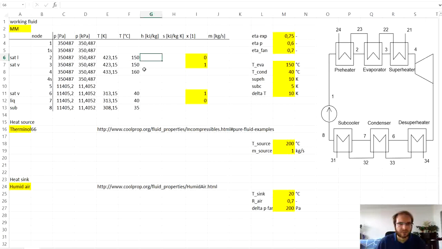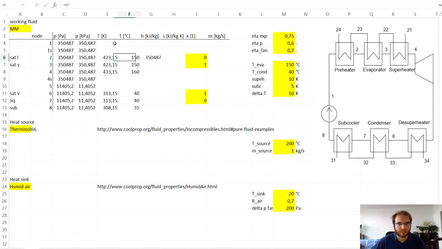Now at the points 2, 3, 6 and 7, where we have these two thermodynamic properties specified, the quality and the temperature, or now also the pressure, we can use these two parameters also to get enthalpy and entropy. So let's take the same function that we had for the pressure, and just use it here.